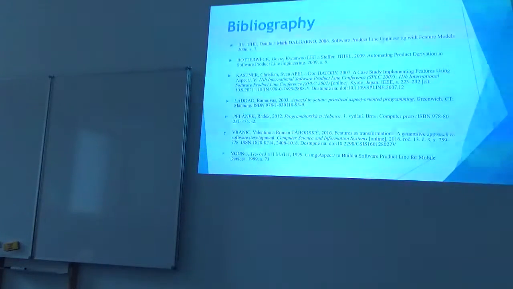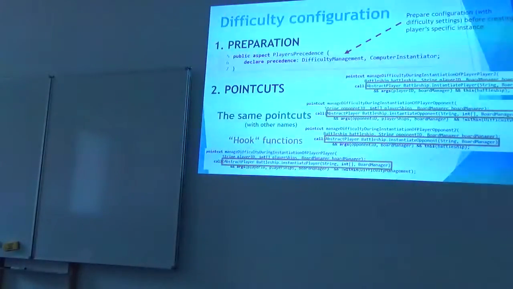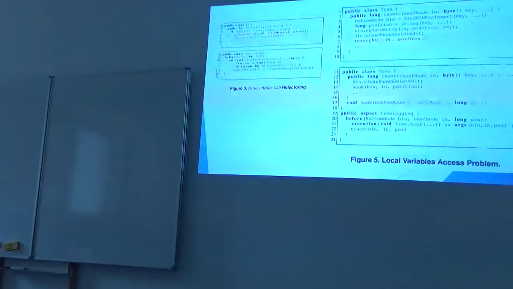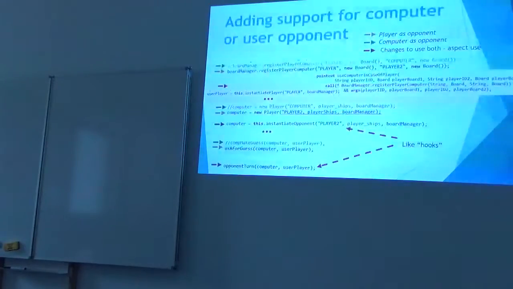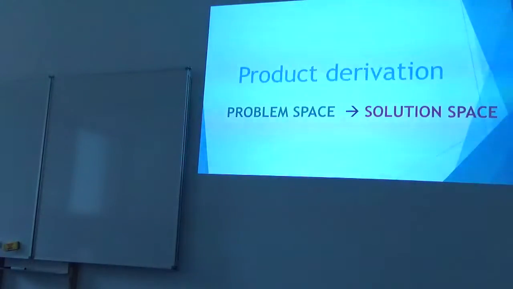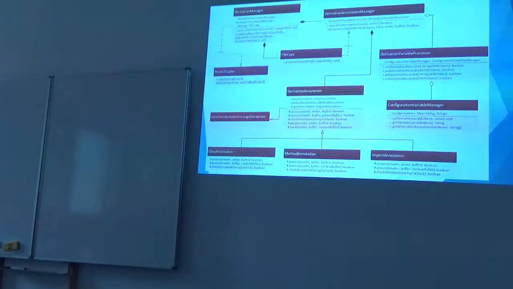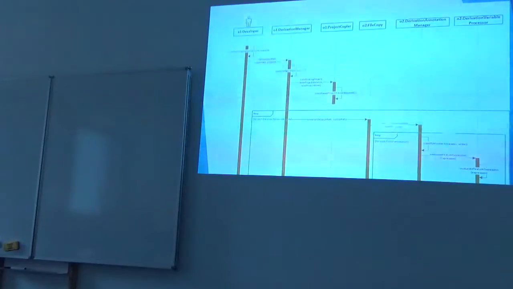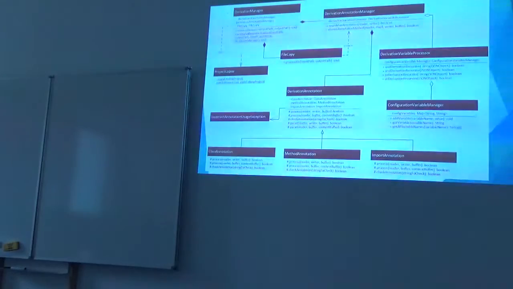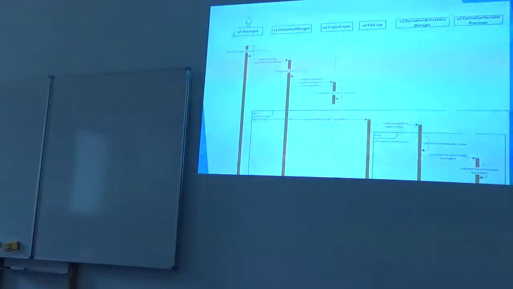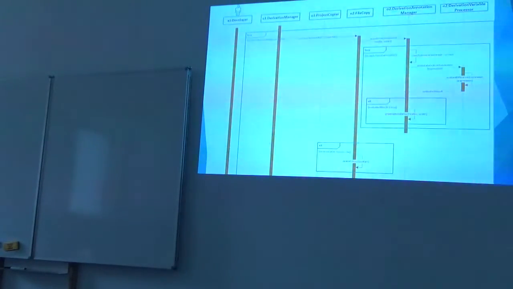That's all for me. If you have questions, you can ask. I provided a few literature references there. Maybe I have other examples from a few applications, maybe the papers, and maybe some other diagrams of performing derivation of products, like dynamic ones or structural ones, like class diagram or sequence diagram.